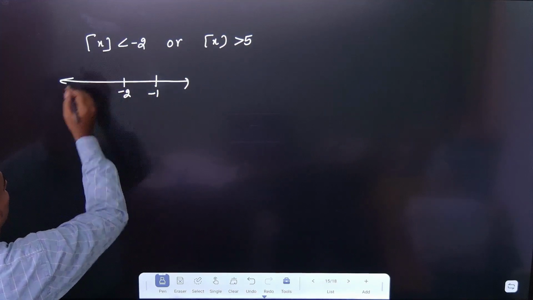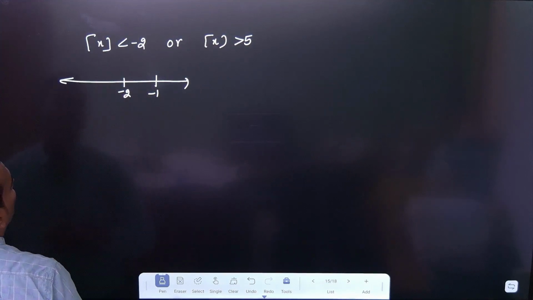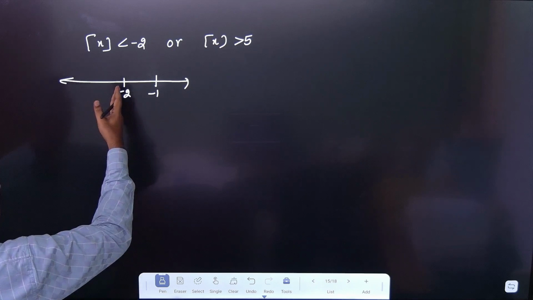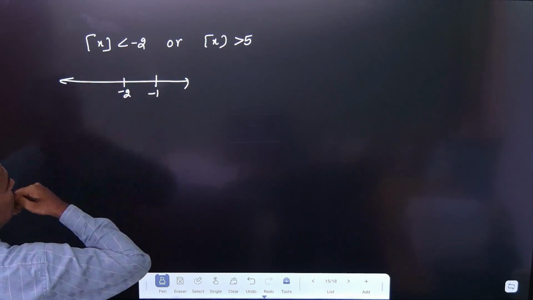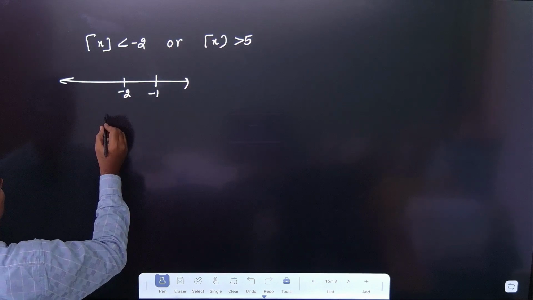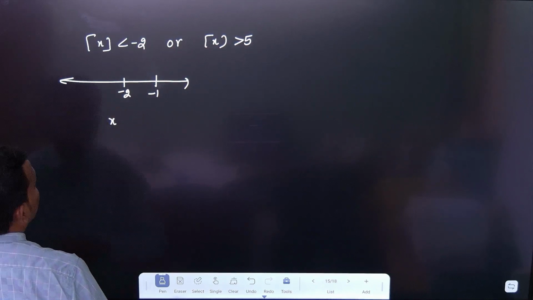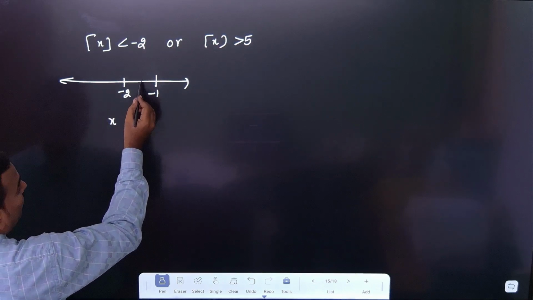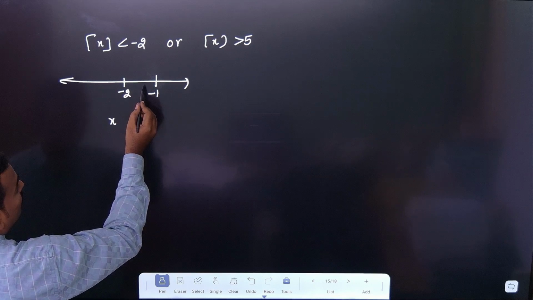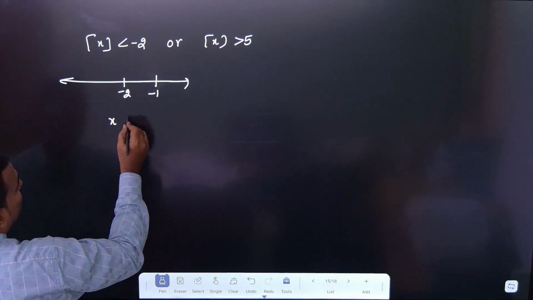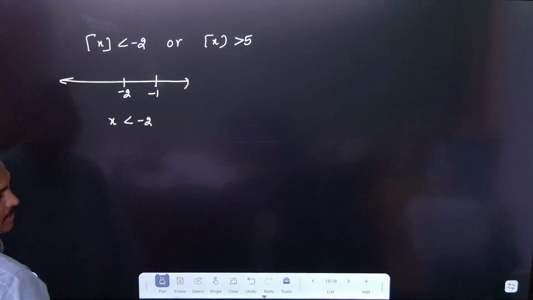So if I take minus 2.5, it's minus 3, it is less than minus 2. Yes, possible. You cannot take minus 1.5 also, so minus 2 will come. So strictly less than minus 2 will come, right?